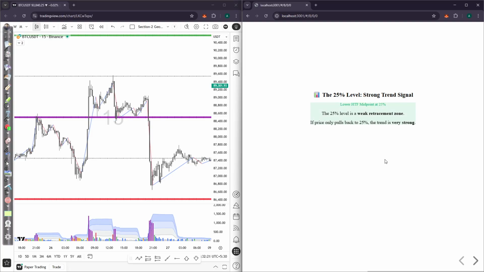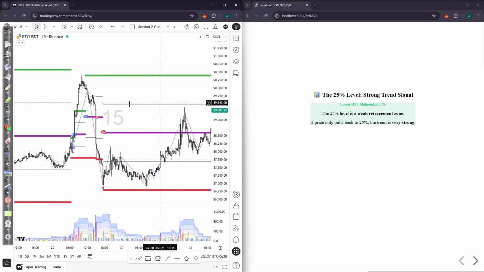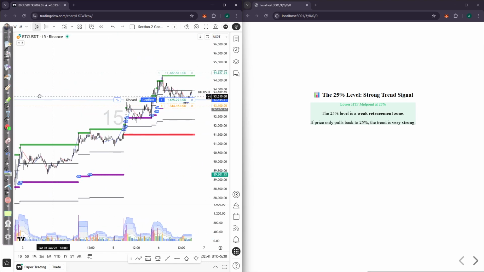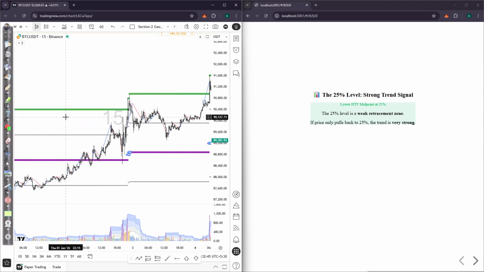So the 25% level, that means lower midpoint 25%, is a very strong trend signal. The 25% level is a weak retracement zone, meaning if price only pulls back 25%, the trend is very strong. So if it is going uptrend, let me find a better example.